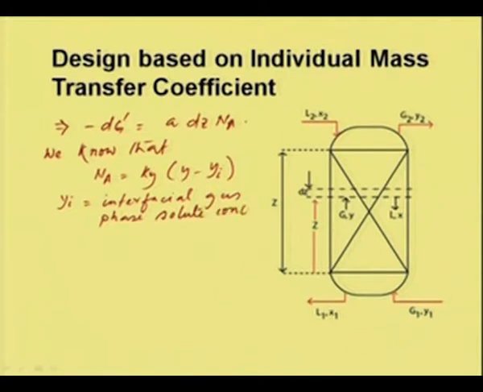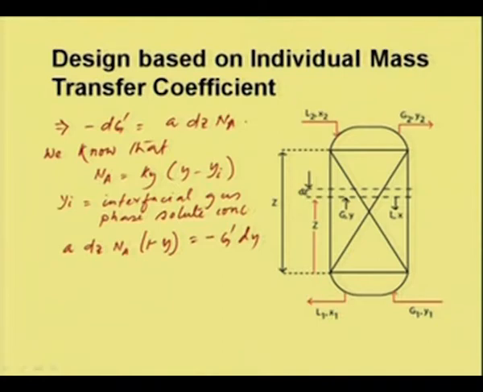So, if we put this in this equation and then rearrange, then it will be A dz Na into 1 minus y is equal to minus g dash dy.